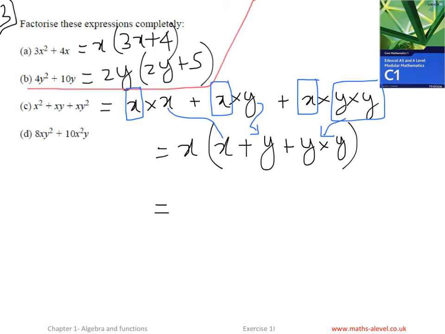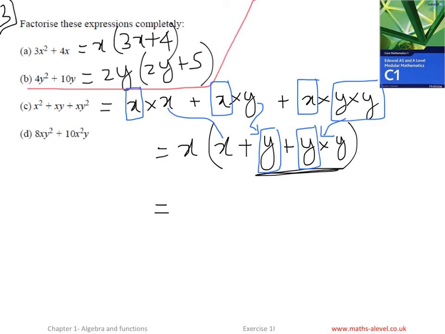Now you can clearly see we can further factorize these two terms. In these two terms we can see this y is common between these two terms.